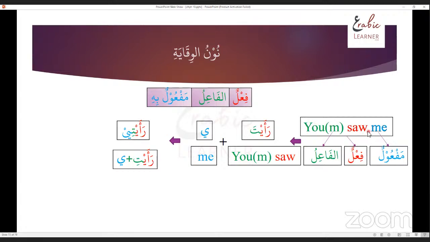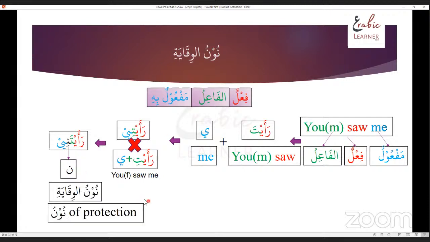Brothers and sisters, you understood this? If I follow this process, I end up with "you, feminine, saw me." This is not correct, this is not the way to write. So what do I do? I put noon in between. Why do I put this noon? To protect the Faai'l and the Maf'ul.